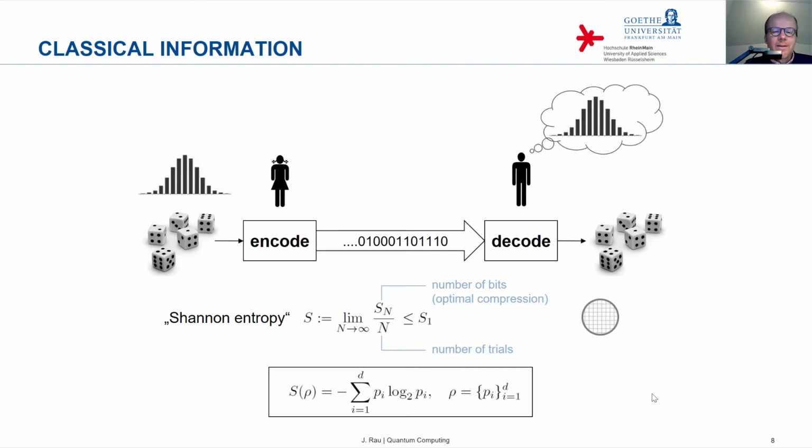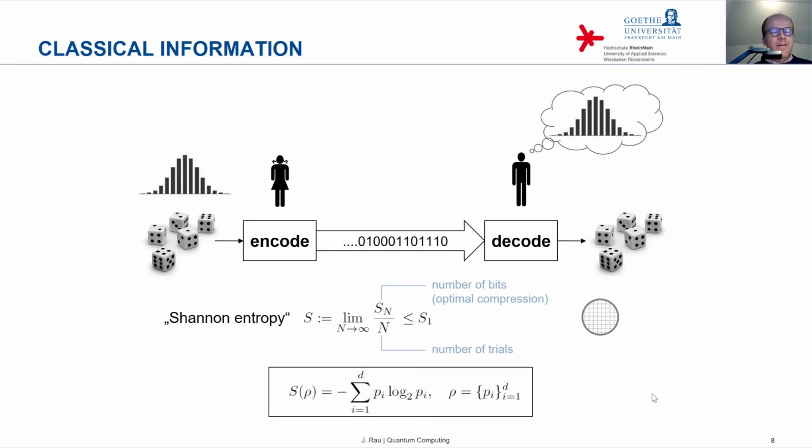And that's not a coincidence, because the Boltzmann entropy in statistical mechanics quantifies your ignorance about the microstate of the system. And in the same way, the Shannon entropy quantifies the amount of information that Alice has to send in number of bits to Bob in order to communicate the result of her random experiment.